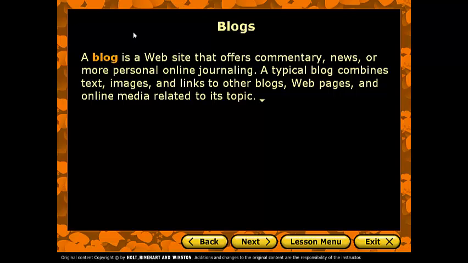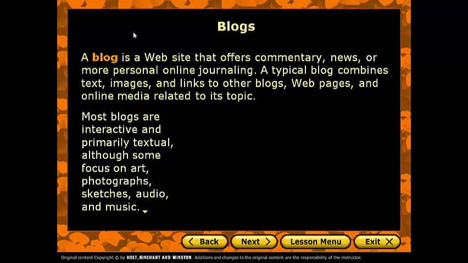Then we're going to finish out with blogs here. Now blogs are of limited value when you're doing research, and I think you'll understand why as we get into our discussion of them. A blog is a website that offers commentary, news, or more personal online journaling. A typical blog combines text, images, and links to other blogs, web pages, and online media related to the topic.